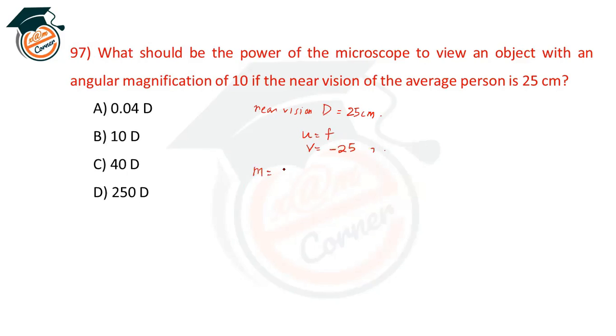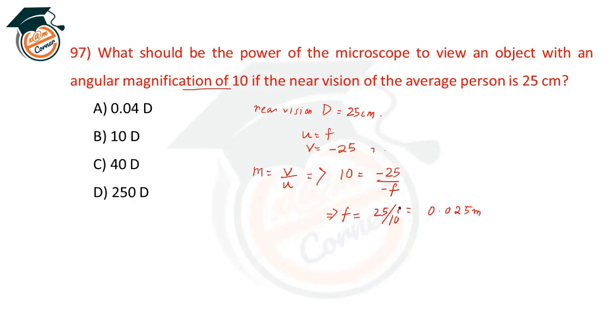Magnification M equals V by U. So M equals 10 equals minus 25 by minus F. Because magnification 10 is given, we are putting the values. So F equals 25 by 10, which is equal to 0.025 meter.